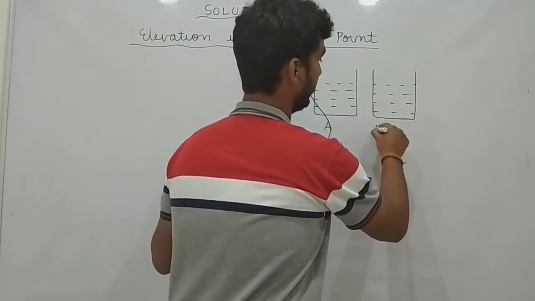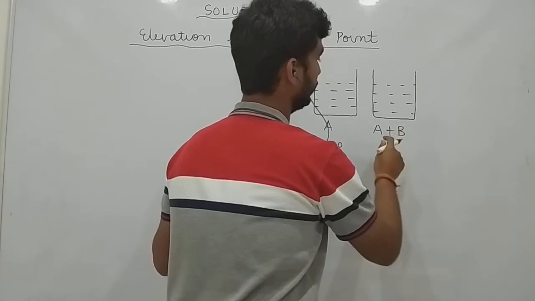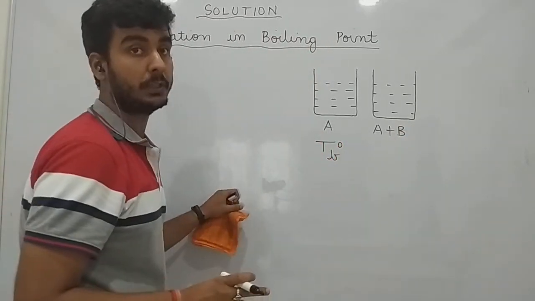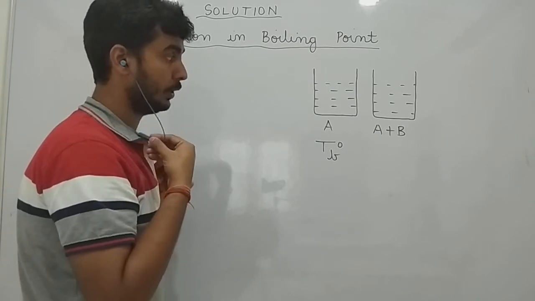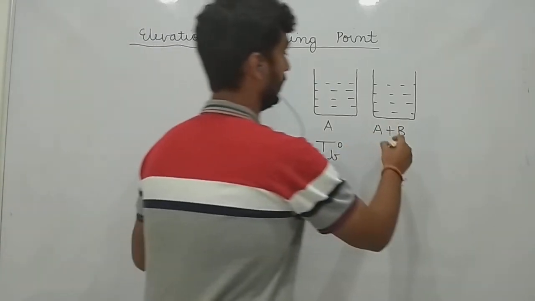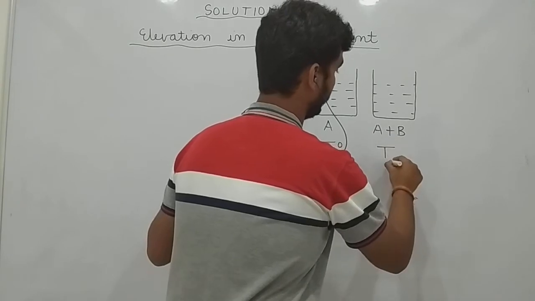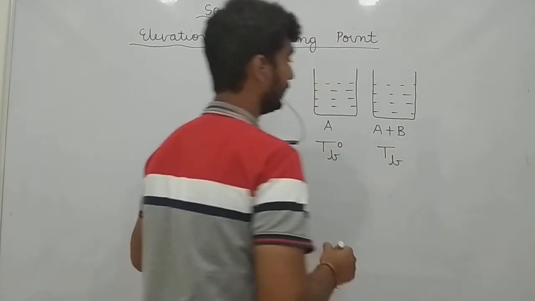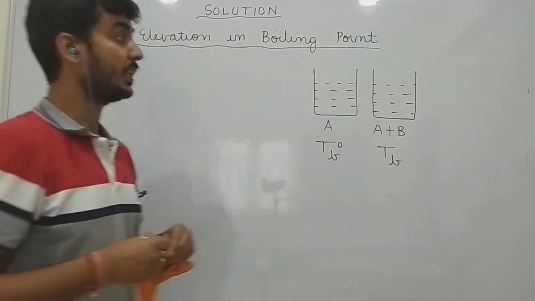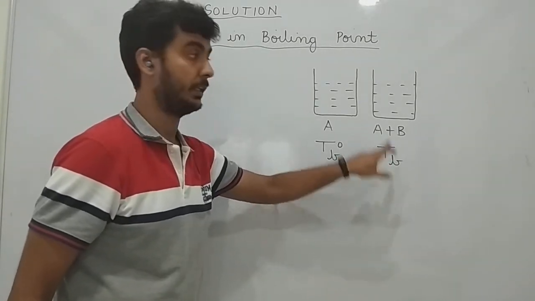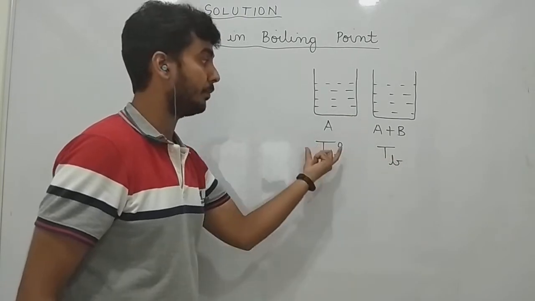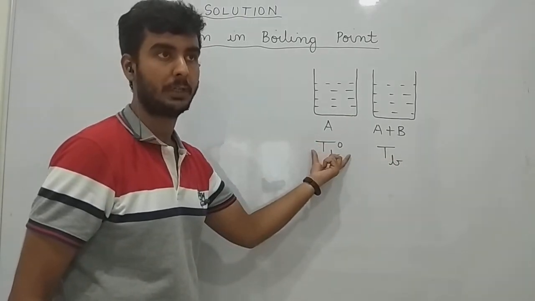So now after mixing the non-volatile solute, it becomes solution, and this solution contains solvent A and non-volatile solute B. Now the boiling point of this solution is Tb. It is found that boiling point of the solution is higher as compared to the boiling point of the solvent.